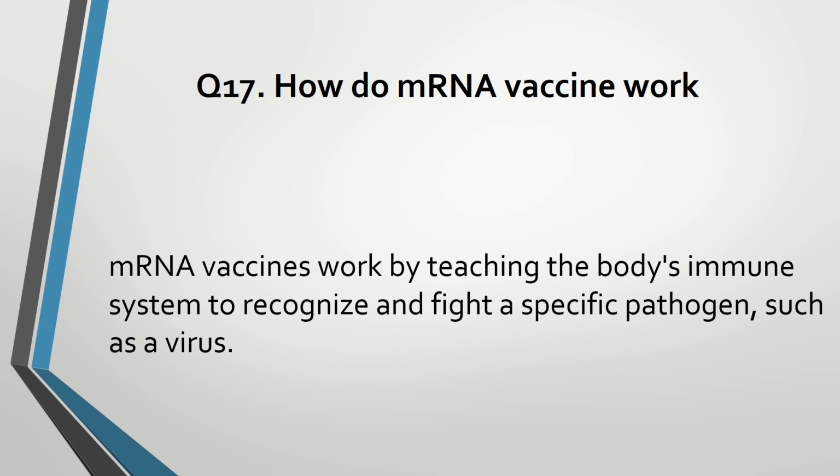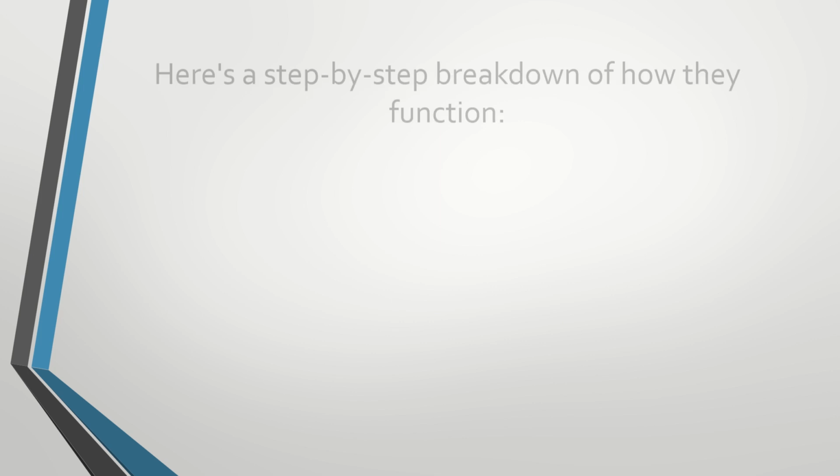That's how we can better understand how the messenger RNA vaccine works. It teaches the body how to fight against the virus by using the viral proteins. Let's go step by step through how it functions.